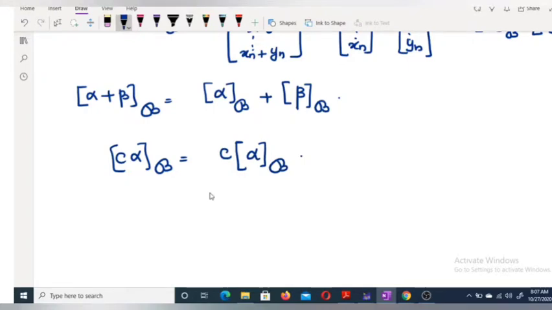Clear? Now we have another note, the second note.